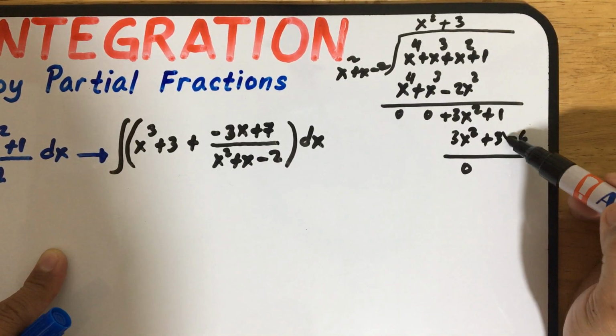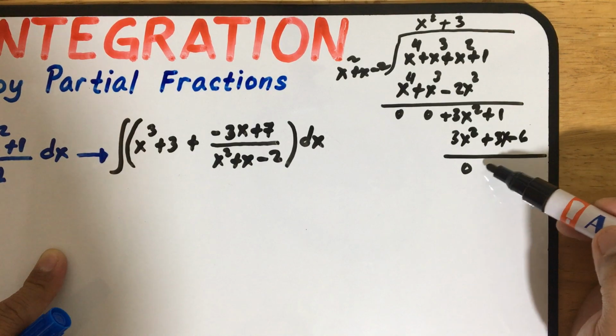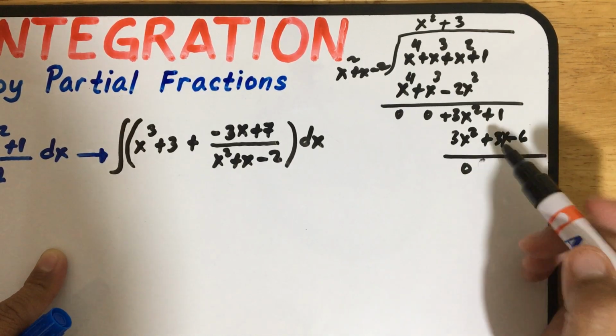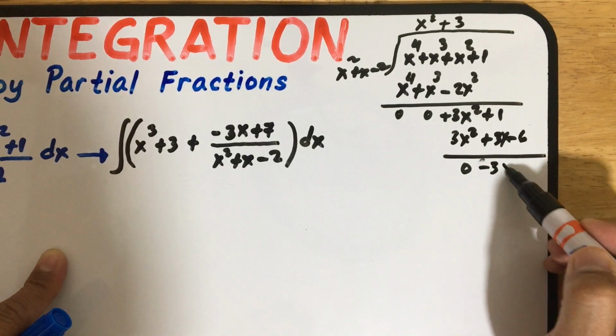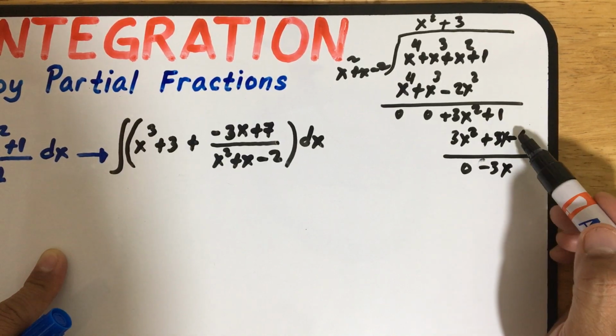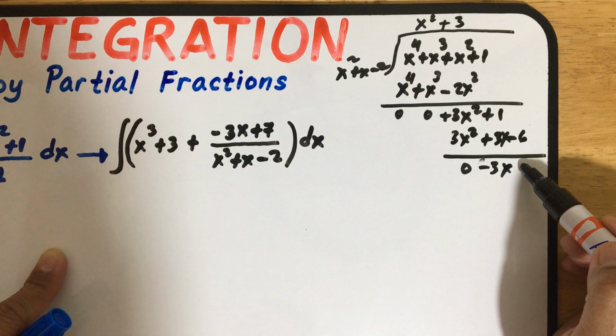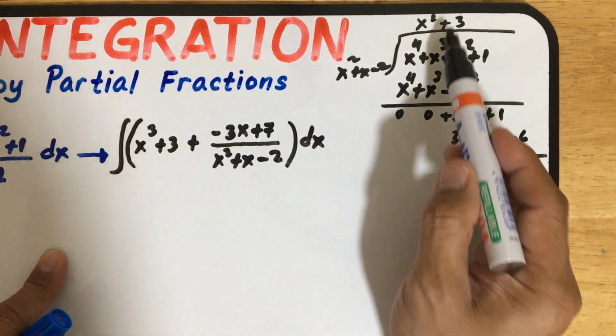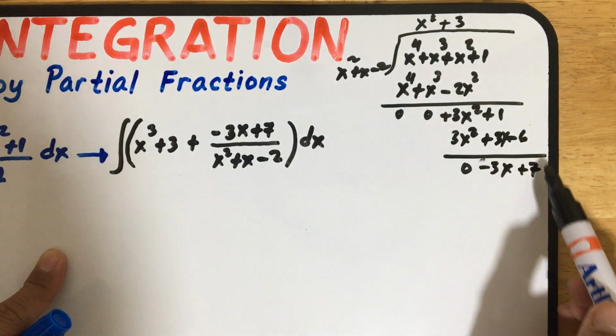Sorry, we have 3x here. So we have plus 3x, this becomes minus, so this becomes 1 minus, and this becomes plus, so plus 7. Okay, so this is the quotient, this is the remainder.